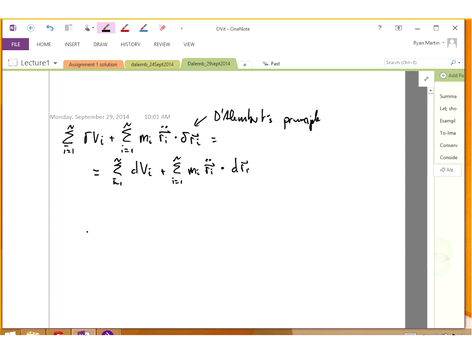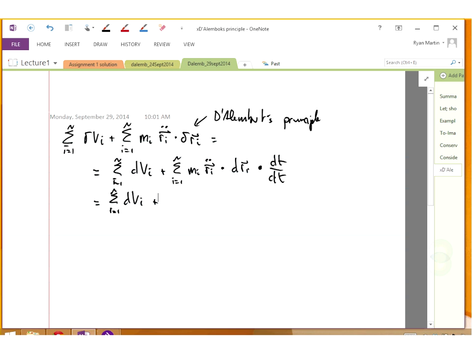So that's equal to, I'm going to leave the first term unchanged. I'm going to multiply the second term by dt over dt, right? That's equal to 1. So the first term is unchanged: sum i equals 1 to n dV_i plus. Now I can move the dt's around.